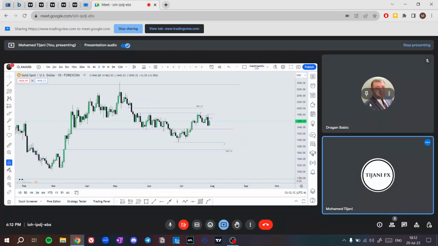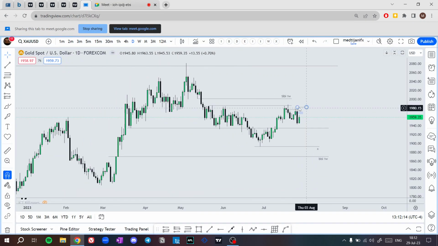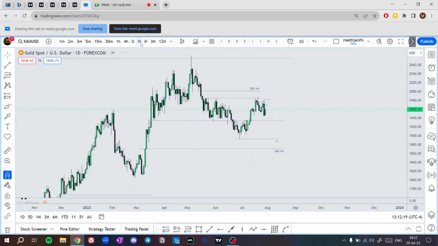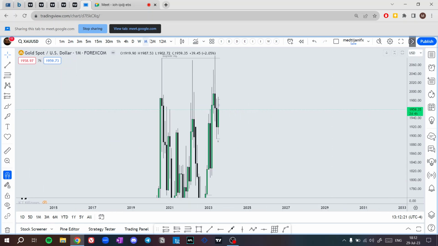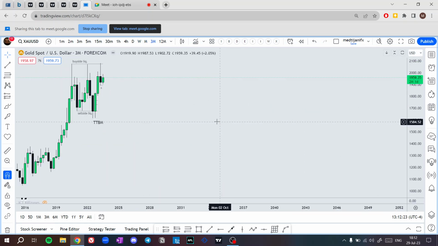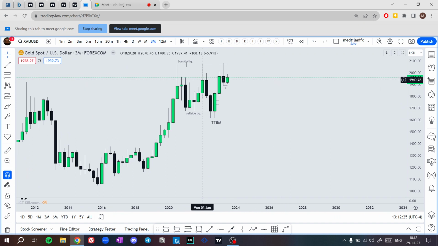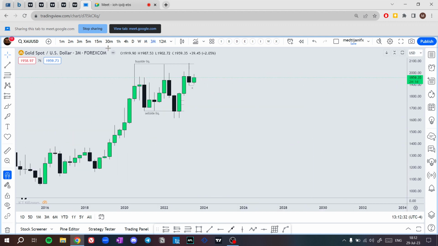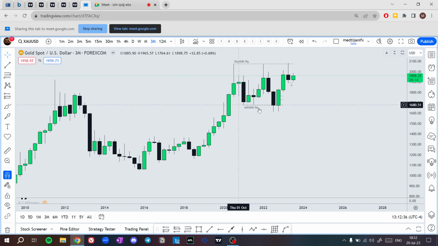So, right now, what we see on gold, let's go from the higher time frame, the 3-month time frame. We see that we have some equal highs here, and price has taken some equal lows here.